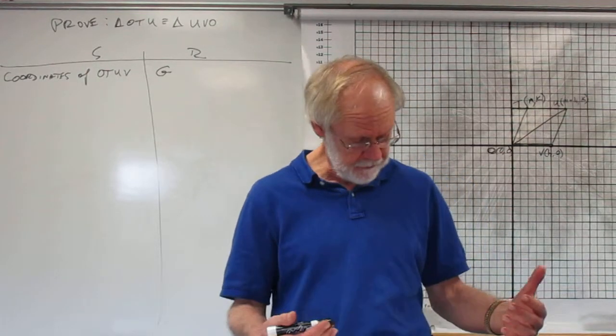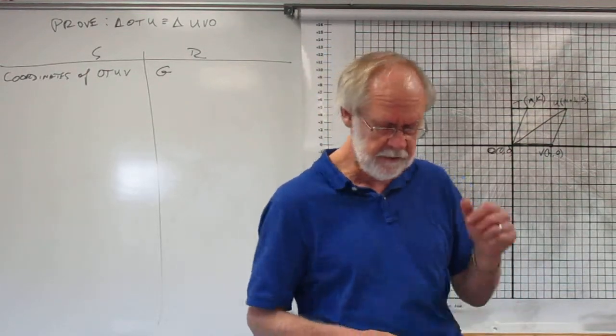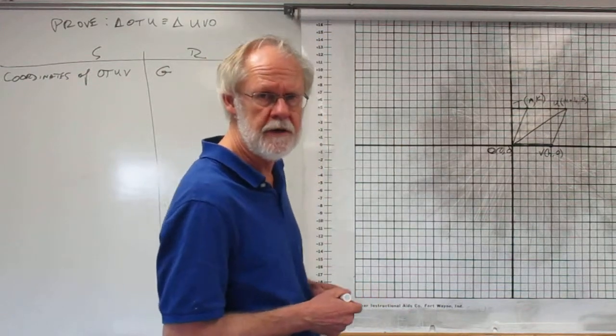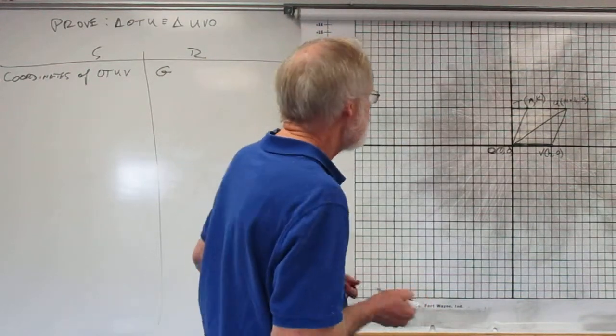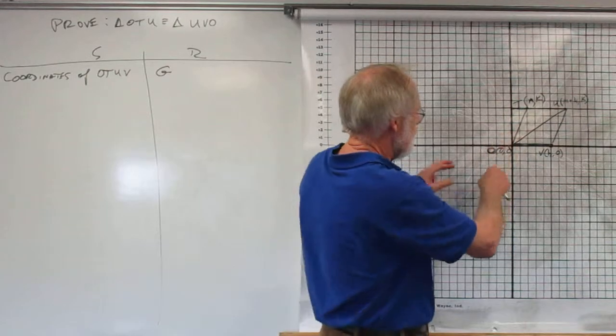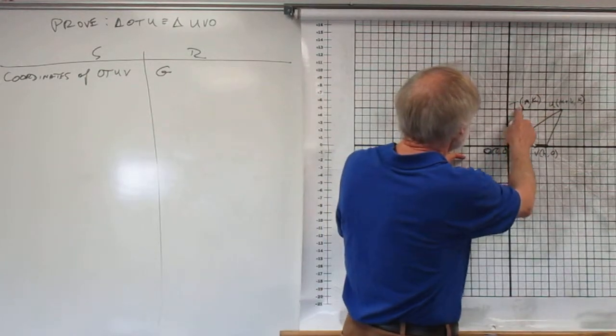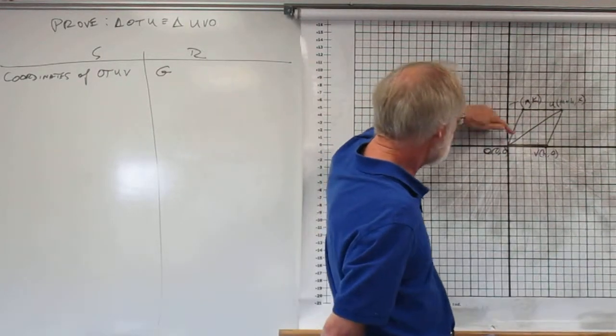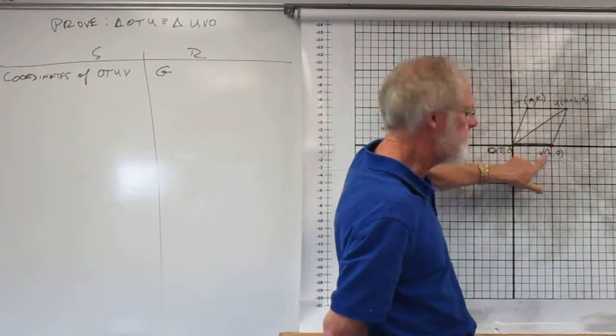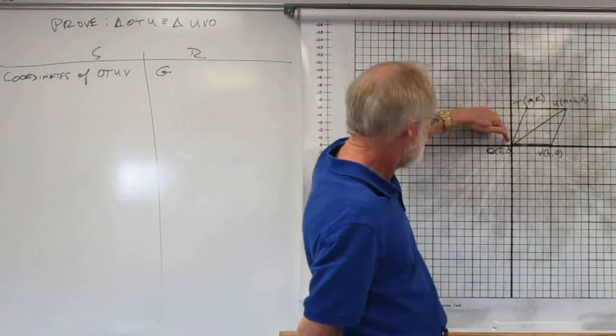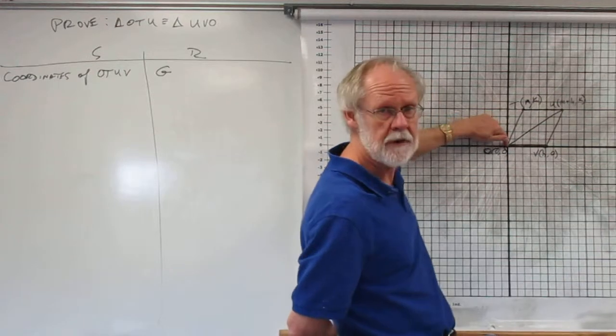It's example 6 on page 246, but it's not actually fully worked out in your book. So I'm going to show you how we do this. We have a figure here, and it starts out, it is OTUV. Point O is at 0, 0, the origin.